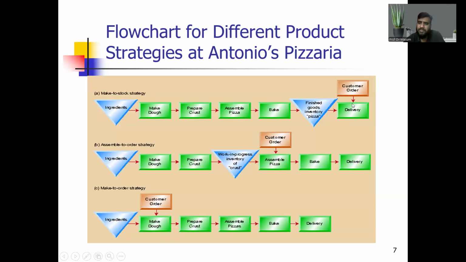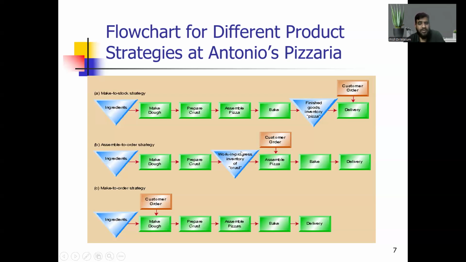So the customer receives delivery after ordering the product. Assemble to order strategy. What is it? Ingredients, dough, crust, all are ready. The assembling will be done after getting the order from the customers.